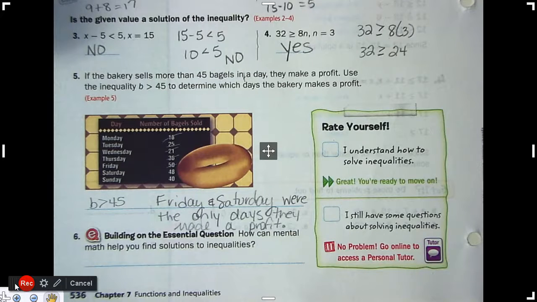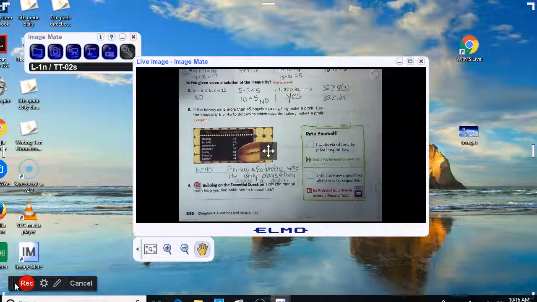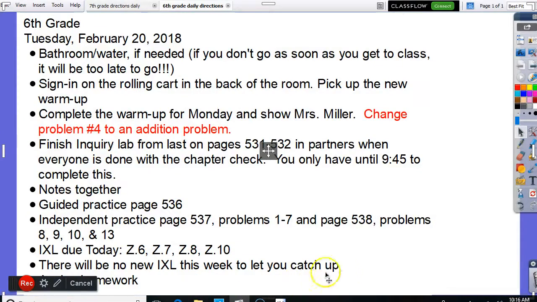All right, any questions on what we're doing here? No? Okay, so we'll look at the independent practice as soon as everyone finishes writing that part down. All right, so we're just going to start kind of easy with our inequalities, and we'll work up to graphing.